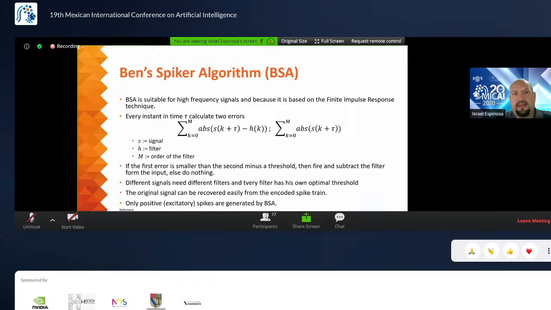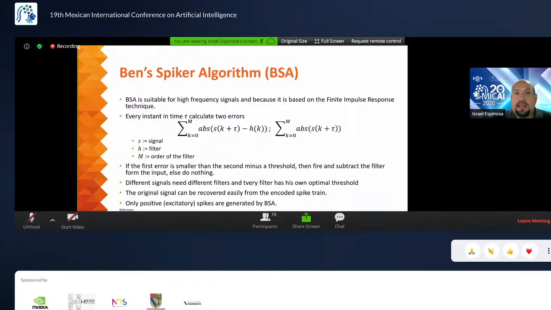The complicated thing with the Bens Spiker algorithm is that we have to define a specific finite impulse response filter for different types of signals, I mean, talking about the order of the filter. In my experience working with EEG data, some filters are of the order of 20, 21, 22, but other signals can be of the order of 10, 12.